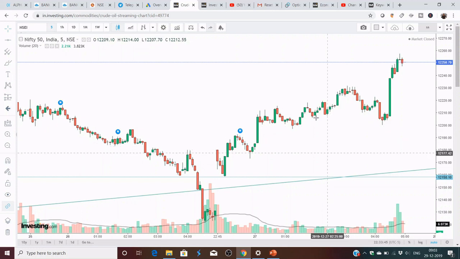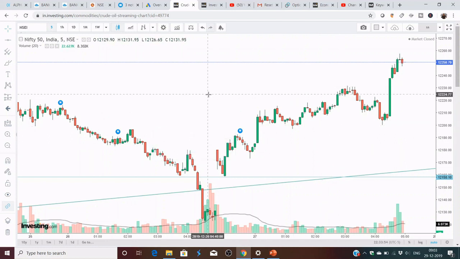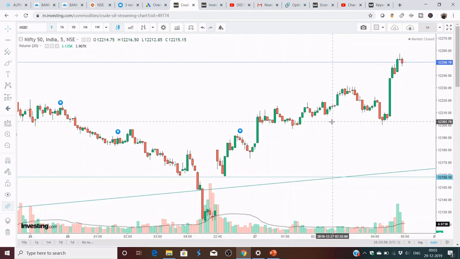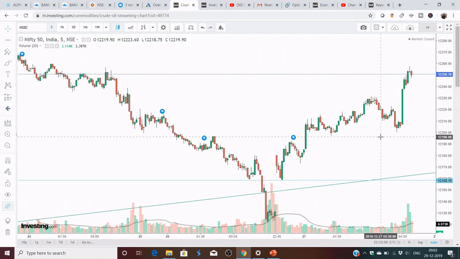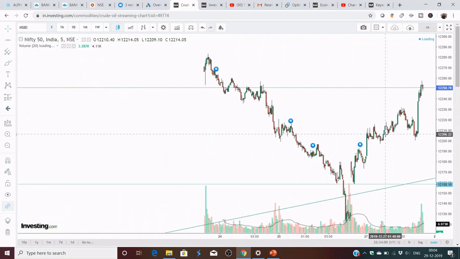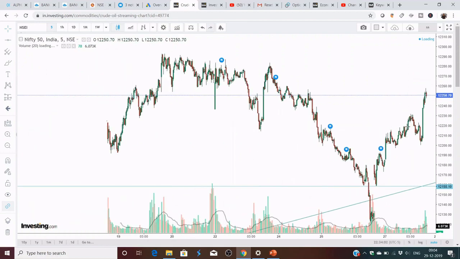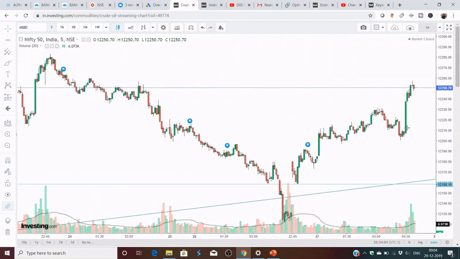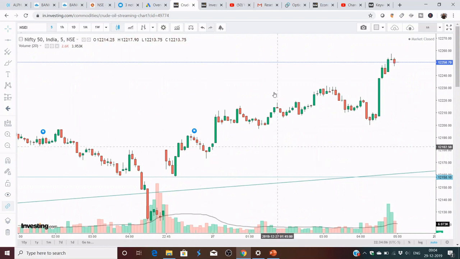One, and this is the second, third, and then we mark this also 4, and then mark the above one, 5. So these are the levels which are very critical, so we can see that the market can go higher and take retracement on all these levels where we have marked.